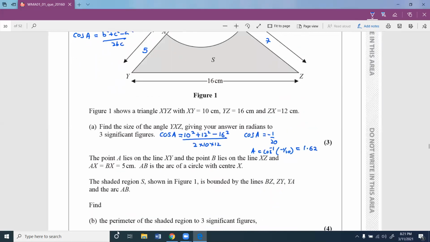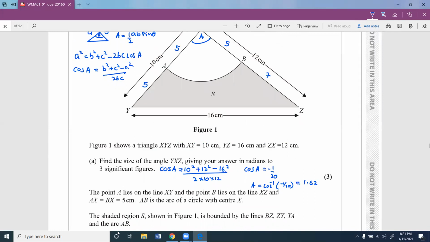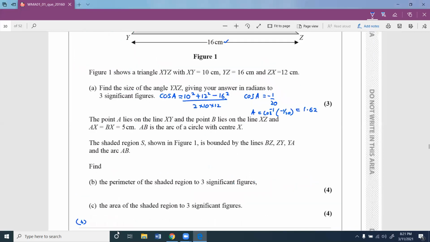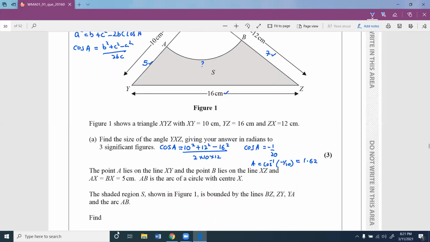So how do you find the perimeter over here? Perimeter is this length plus this length plus this length. We know these facts. It's not a problem. This is there, and this length also there. So our problem is how to find this arc length. Initially, we have to find the arc length AB.